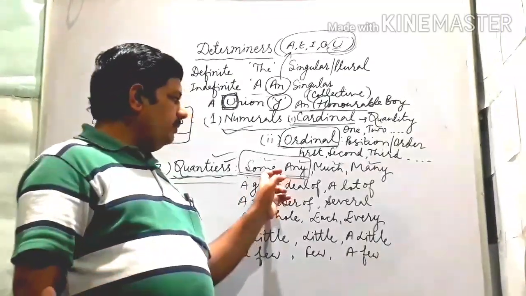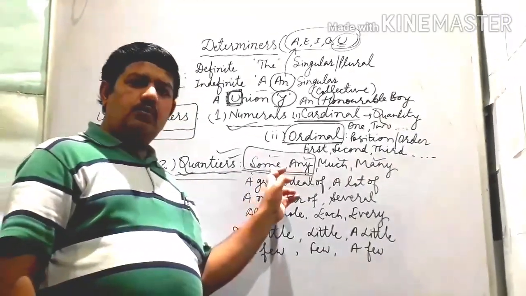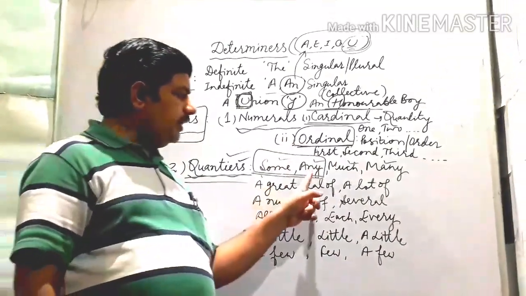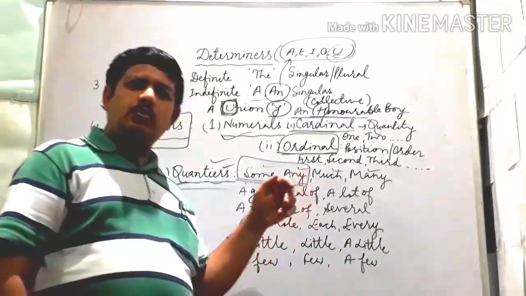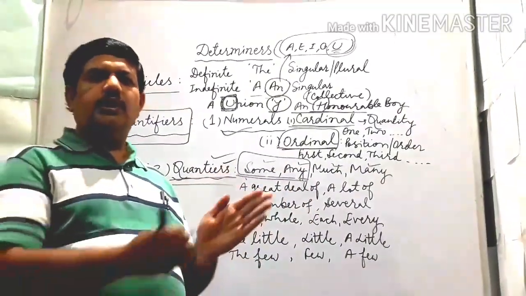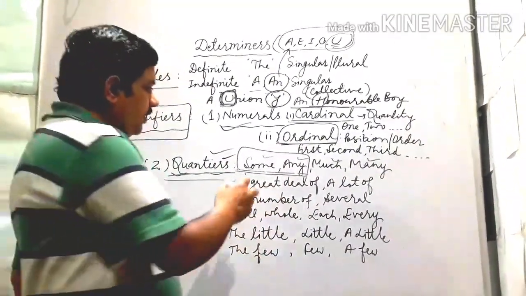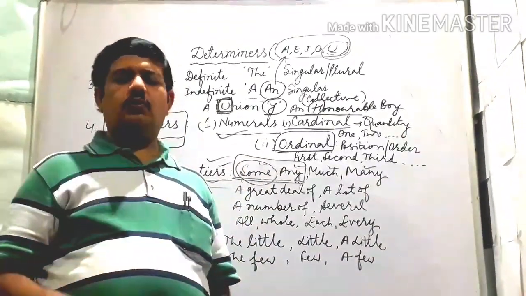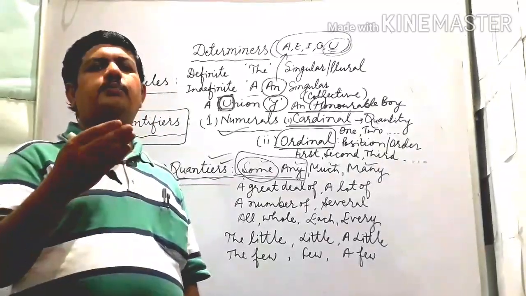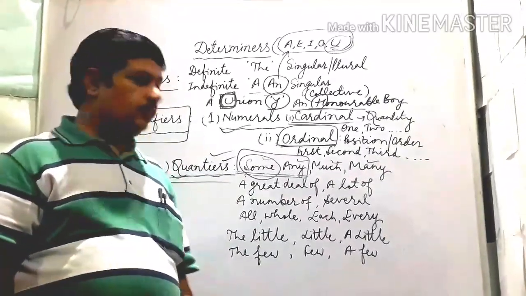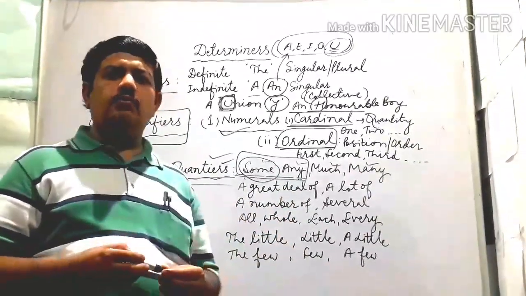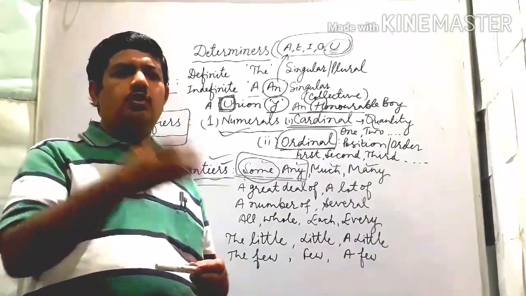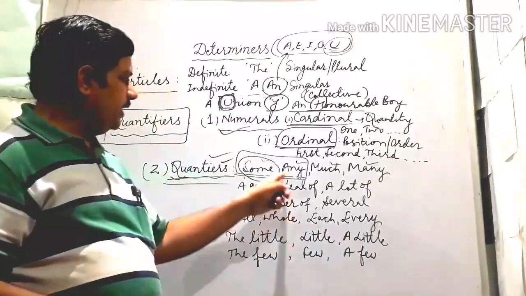Some may be used with countable nouns, and it may be used with uncountable nouns. Any also can be used with countable and uncountable nouns, both. When we use some, it is almost every time a little bit of positive sense. Any gives you, most of the time, negative sense. When you are to ask some questions, there also we use any.